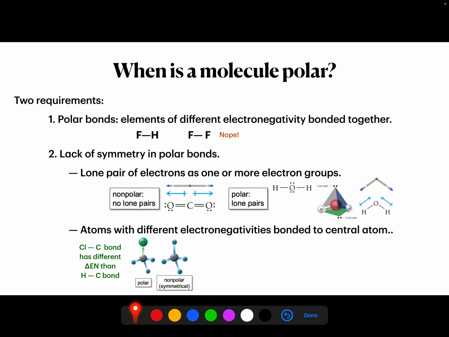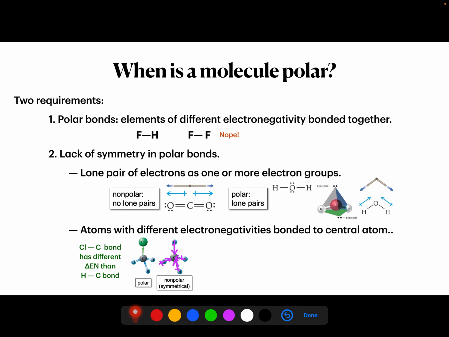And the other thing to look for is that sometimes the central atom doesn't have the same type of terminal atoms. In this example, I've got a carbon with 4 hydrogens, and in this 3-dimensional geometry the dipole moments would all be canceling each other out.